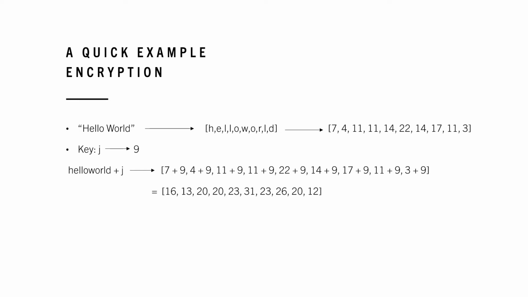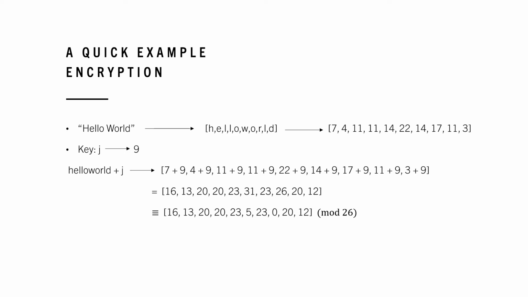So here we use modular arithmetic. We know the number 31, when divided by 26, gives a remainder of 5. So we can see the numbers that are below 26, we keep them the same.